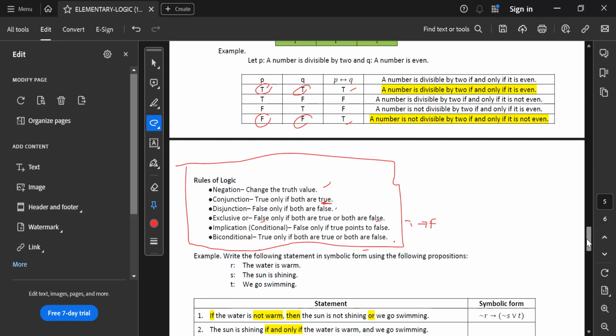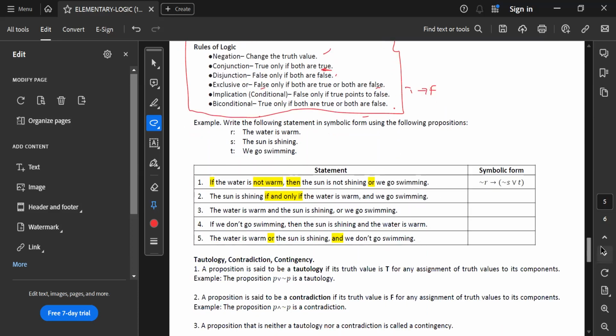So there are other examples here, three statements, that we will write from statement form to symbolic form. For this, you need to look out for the keywords so you can know where the statements are connected.